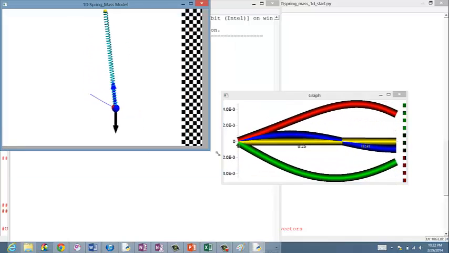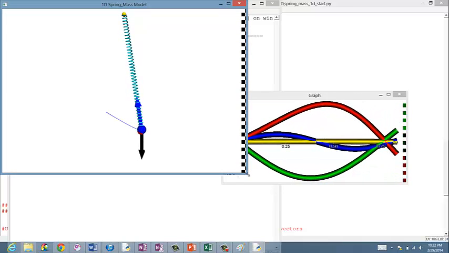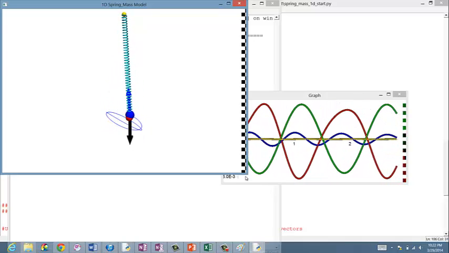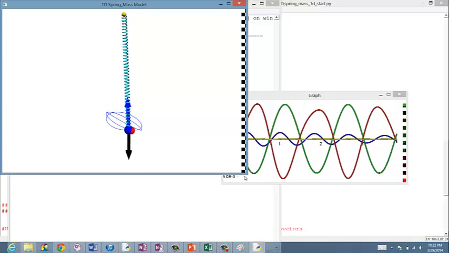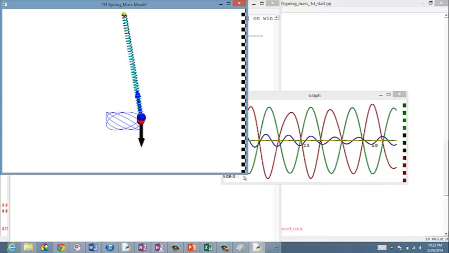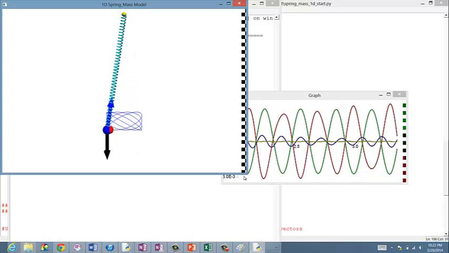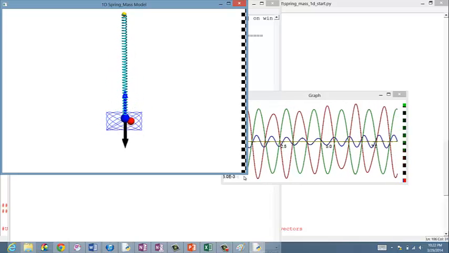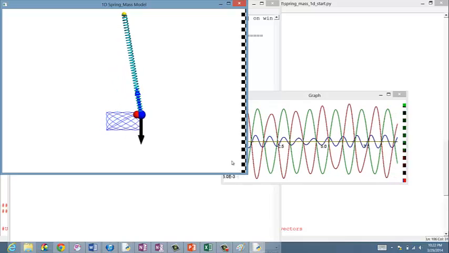If we watch it again and focus on the arrows, you can see the black arrow represents the gravity force, and the blue represents the spring force. You can see that while the gravity does not change in magnitude, the spring force does, since gravity is a constant force acting on the mass, while the spring force depends on the length of the spring. So it is therefore also changing unless the mass is at rest.